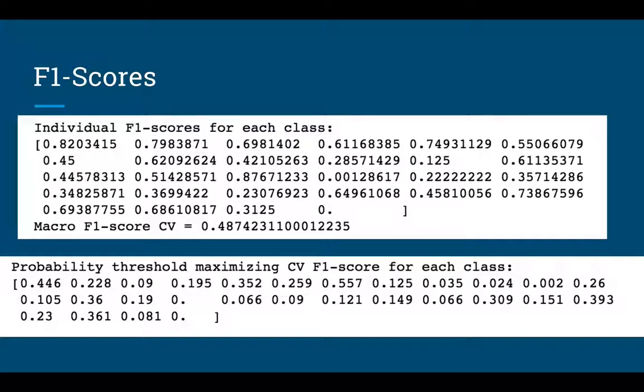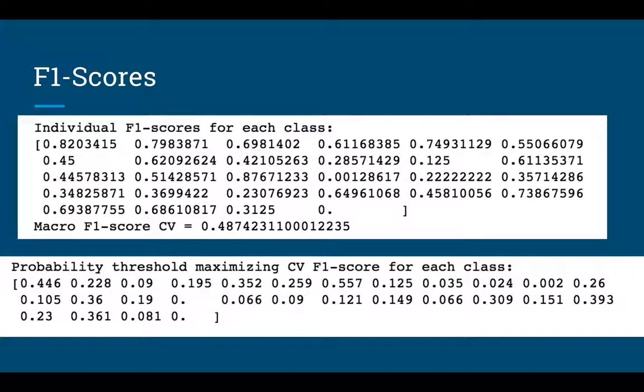So here's our initial performance of the F1 score of our training model. As you can see, there are two results that we're showing here. The first one is the individual F1 score for each class. The result has 28 entries because they correspond to 28 different classes.